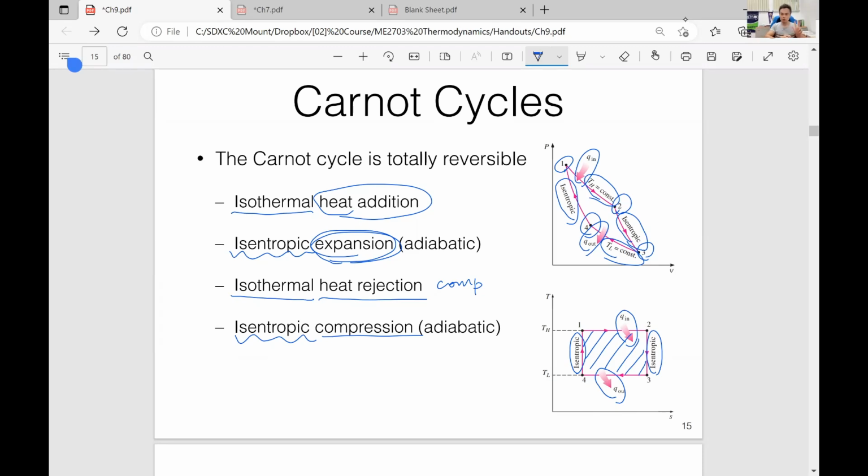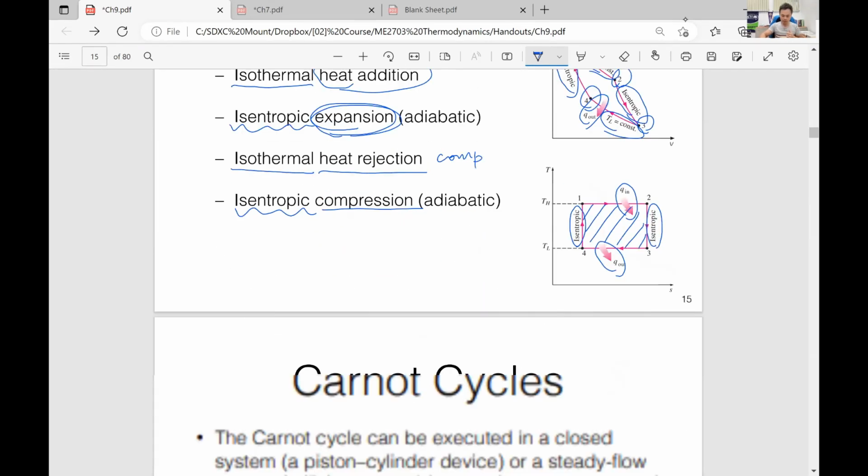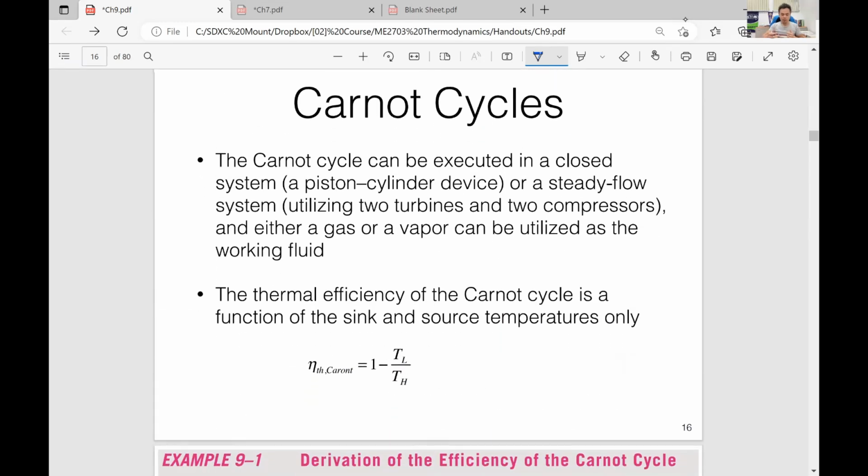So you will need to know these like 8 diagrams, right? Every cycle has 2 diagrams: 1 PV diagram and 1 TS diagram. All right. So Carnot cycle can be executed in a closed system or a steady flow system.